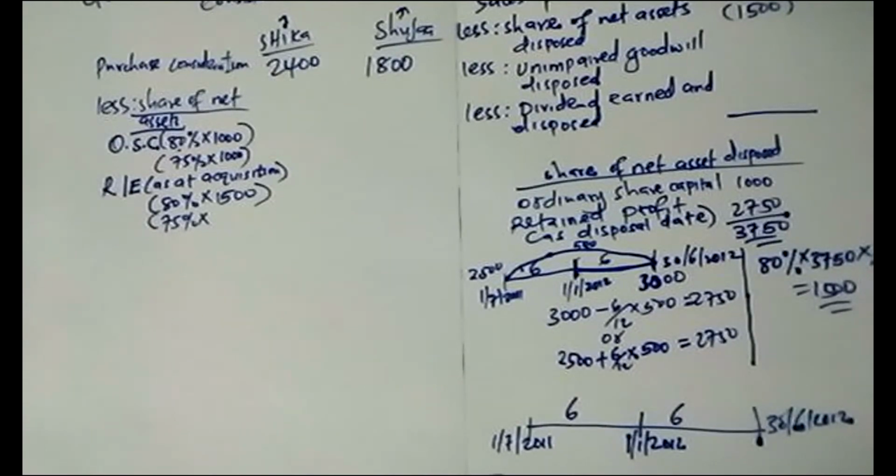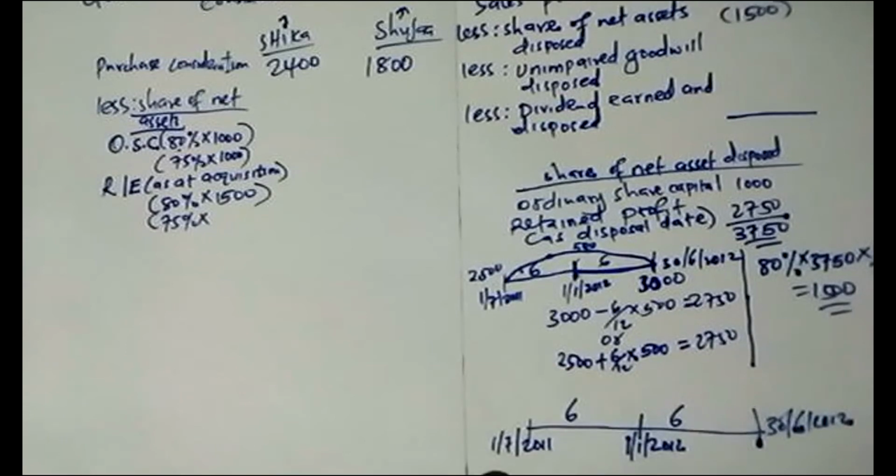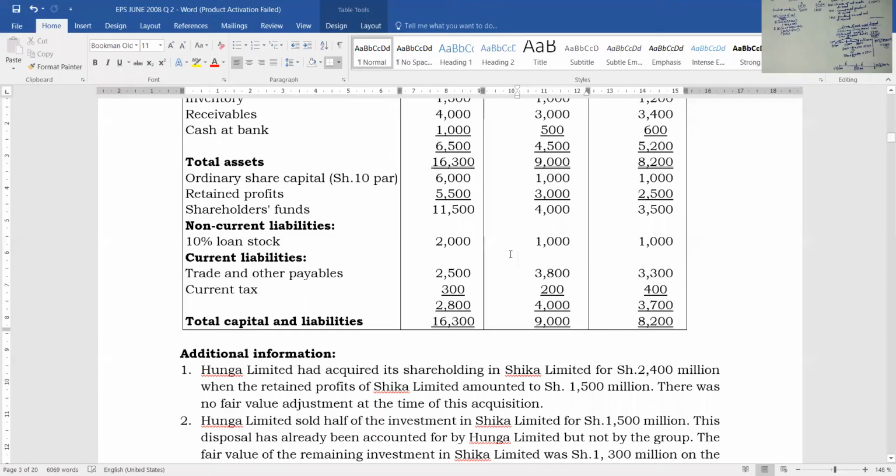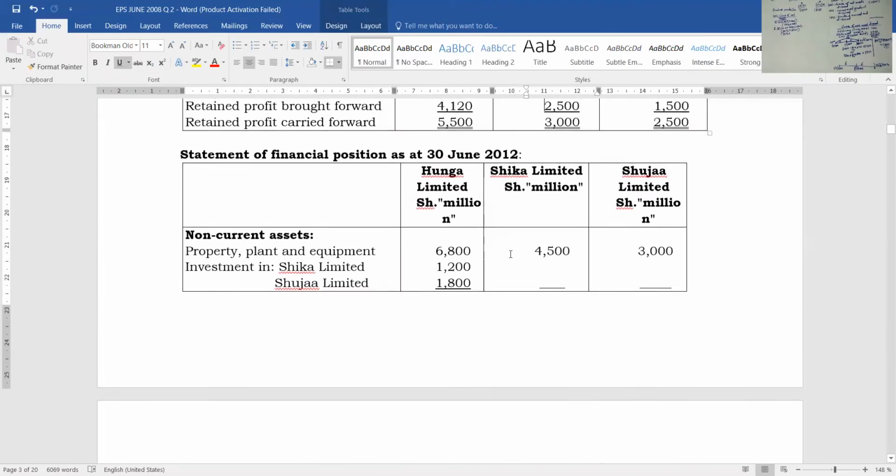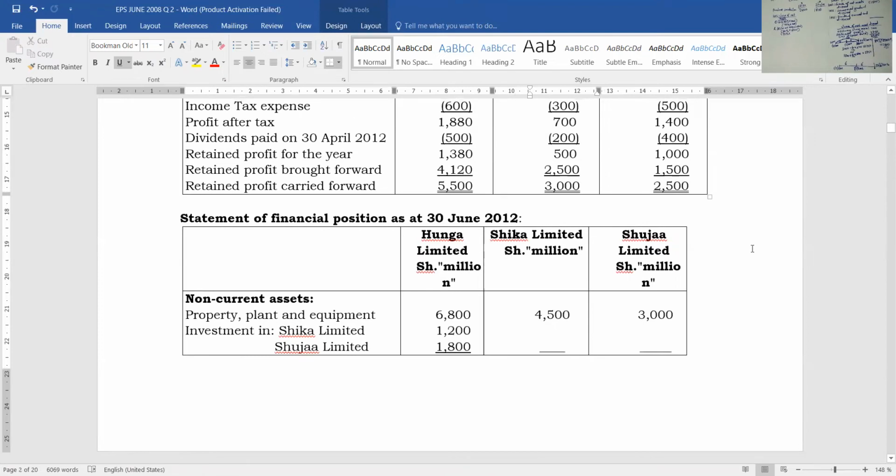For Shuja, the retained profit carried forward is given. You can check even from the income statement. So you are given balance brought forward, carry forward, and profit for the year. That is what we need to interpret. So from this last column, you can see retained profit brought forward is 1,500.